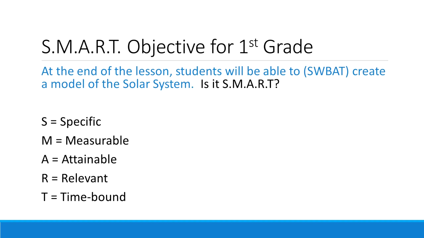If they were asked to cut out shapes of the solar system, or if they were asked to create a solar system with this template, that would be fine, but just to say that they're going to create it with nothing else involved is a little too high level for first grade. So the answer is false. No, it is not a SMART objective.